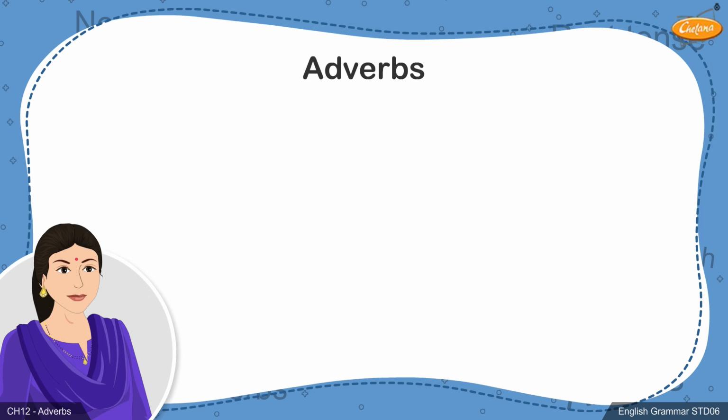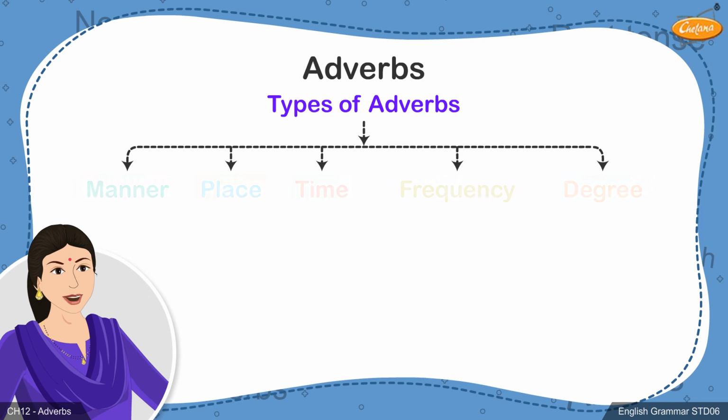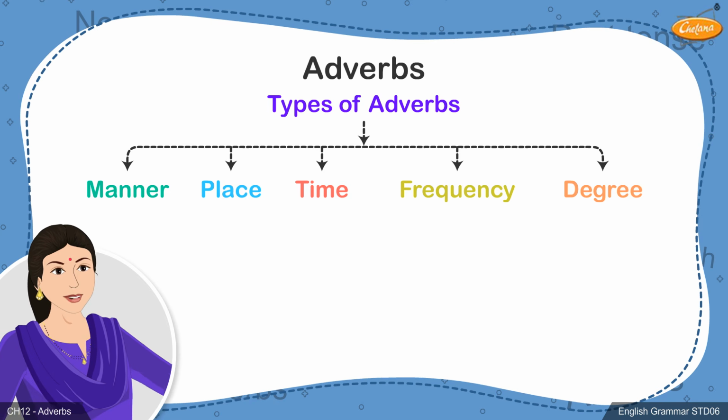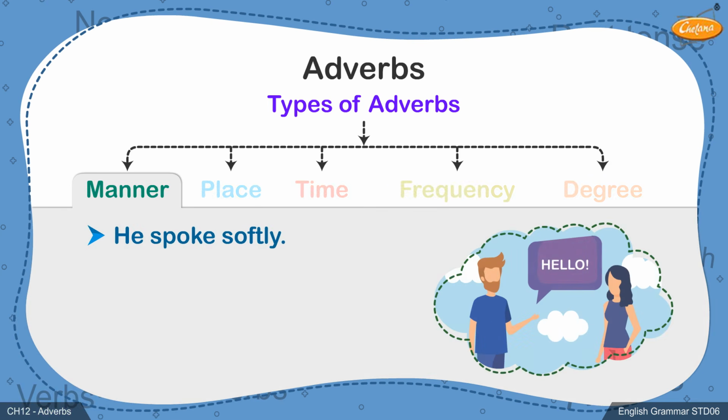Students, we will now be learning more about the types of adverbs. There are generally 5 types of adverbs. Let's have a look at these sentences and learn about these adverb types. He spoke softly. We know that the adverb here is softly. This adverb tells us the manner in which the man spoke.